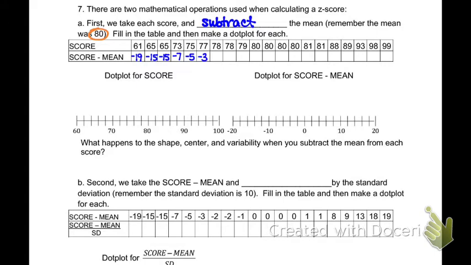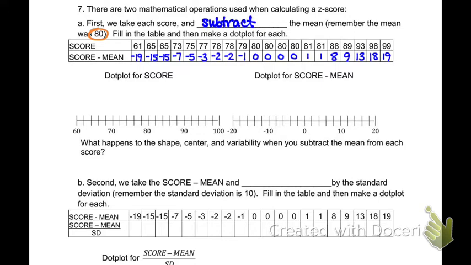The next two boxes are identical. Negative 2 and negative 2. Negative 1. What do I put for the 80s? 0. And then the 81s get a difference of 1. 88 is a difference of 8. 89 is a difference of 9. Then we have 13, 18, and 19.